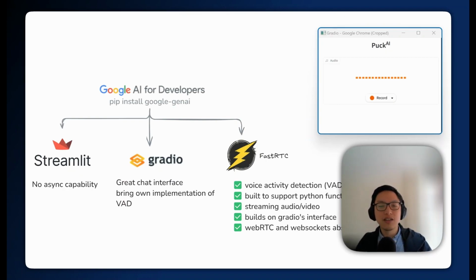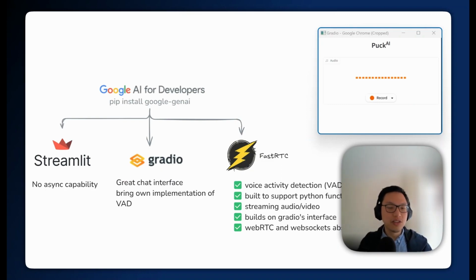And so then I took the next step up, which is Gradio. Gradio is a library from Hugging Face that lets you visualize lots of different kinds of data and formats on the web. And it's got a really great chat interface that you just plug in again with just a couple of lines of code. But then I got a bit stuck where you need to implement this thing called VAD.